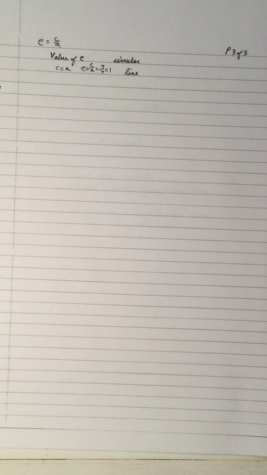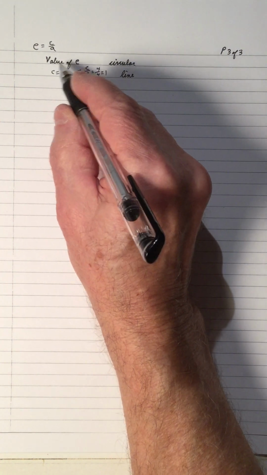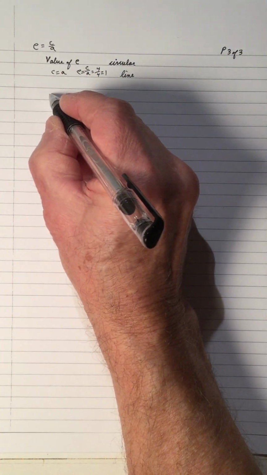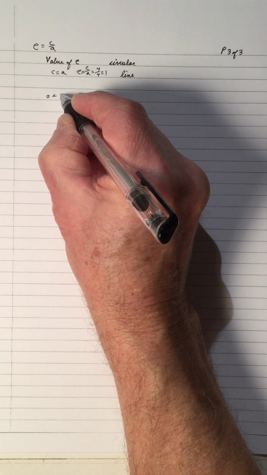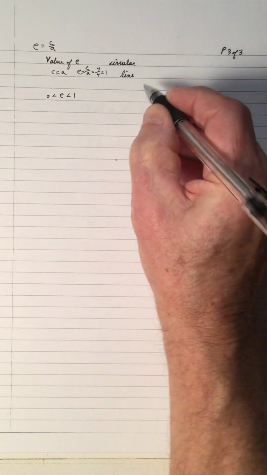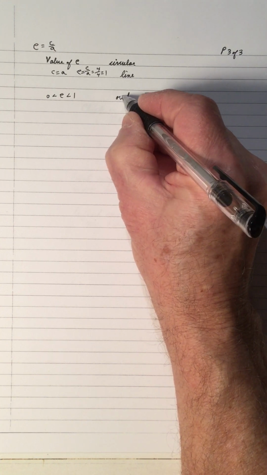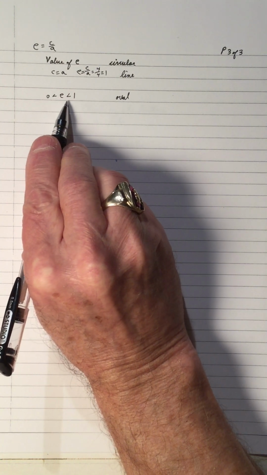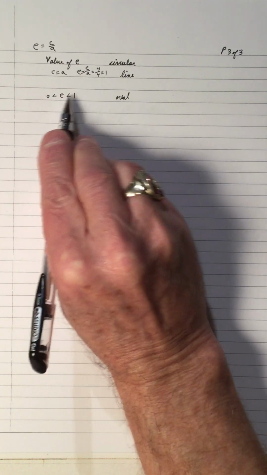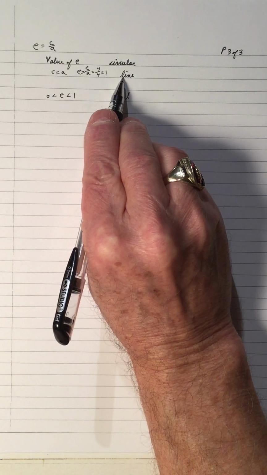So, bring it back. So what we have, if the value of E, eccentricity, is between 0 and 1, then we have an oval shape. But if we approach 1, we approach a line.